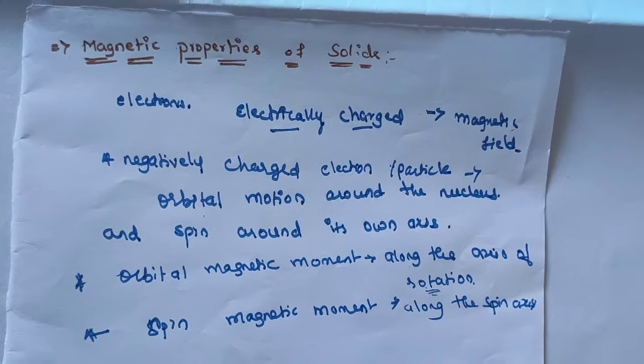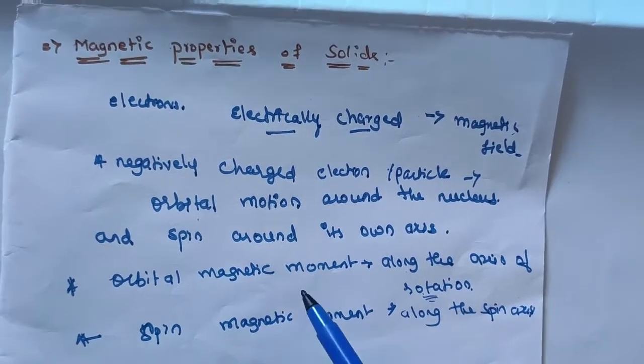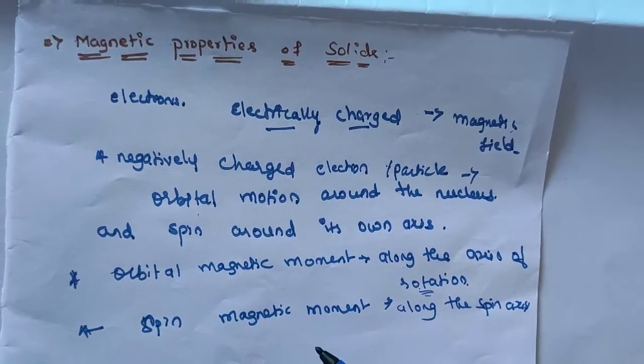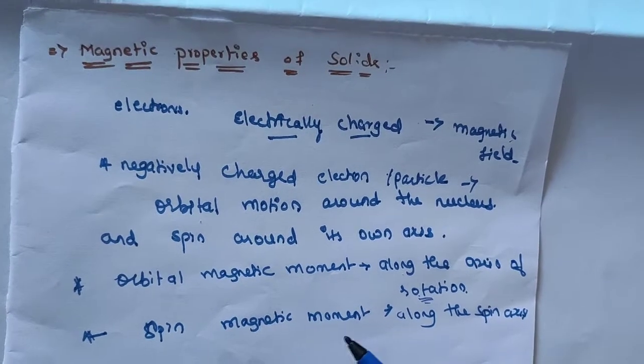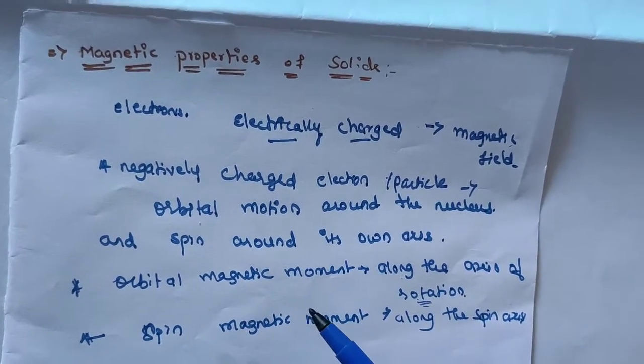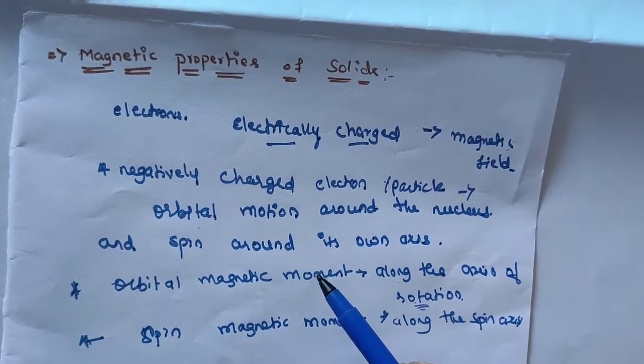Similarly, each electron may be considered as a small magnet having a very small resultant permanent magnetic moment.